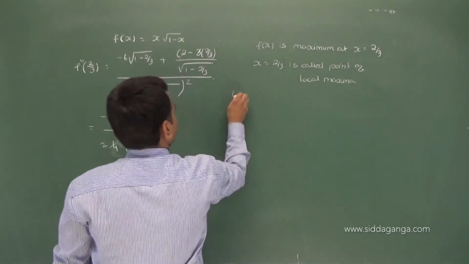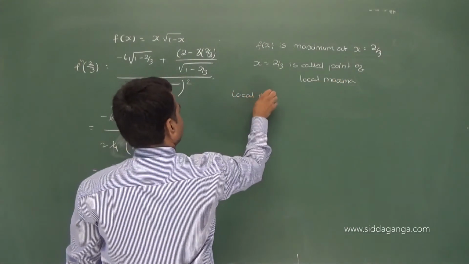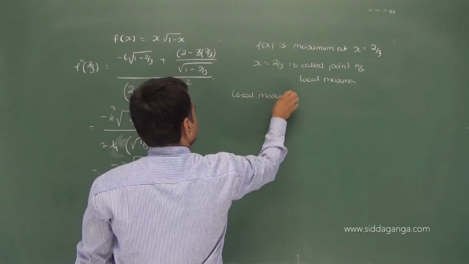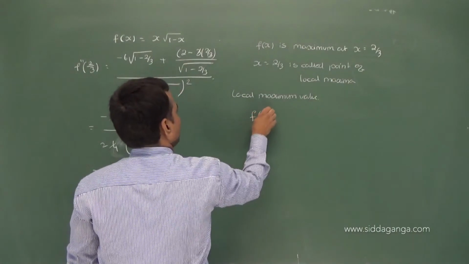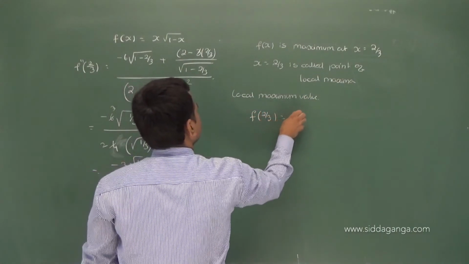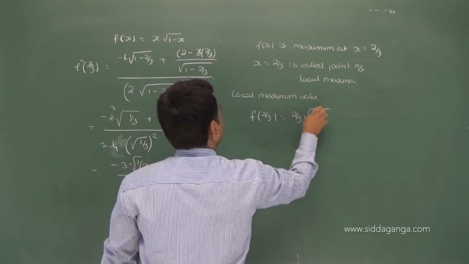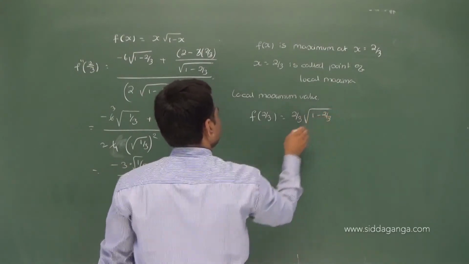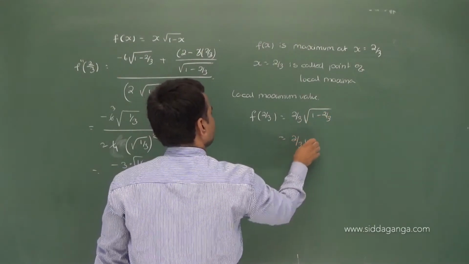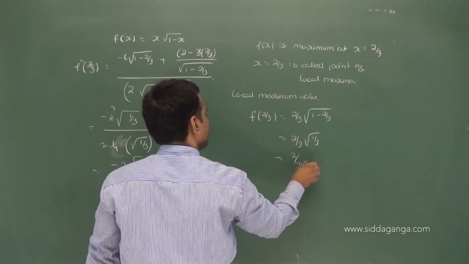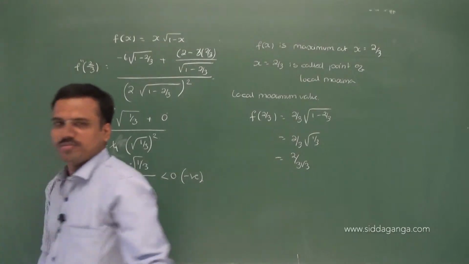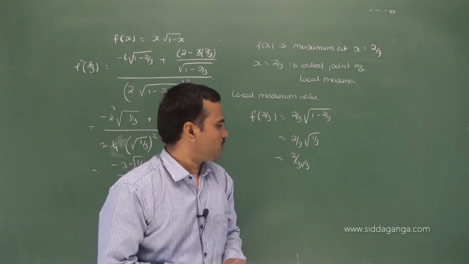Then the local maximum value is f of 2 by 3, which is 2 by 3 into root of 1 minus 2 by 3, that is 2 by 3 into root of 1 by 3. So 2 divided by 3 into root 3.